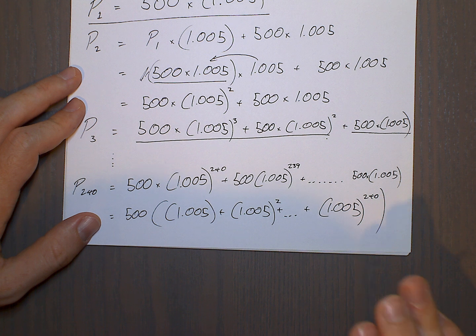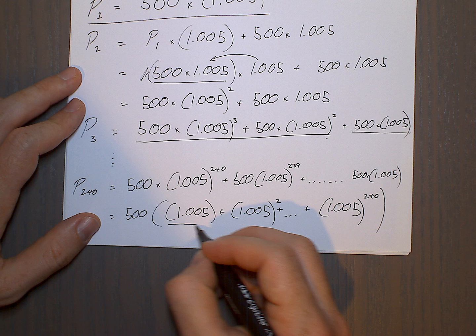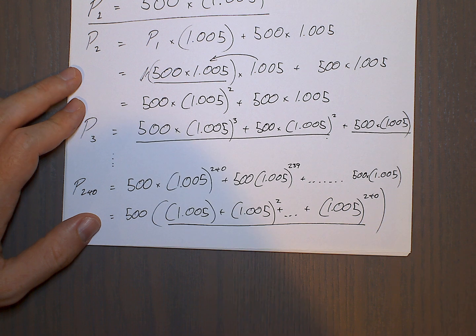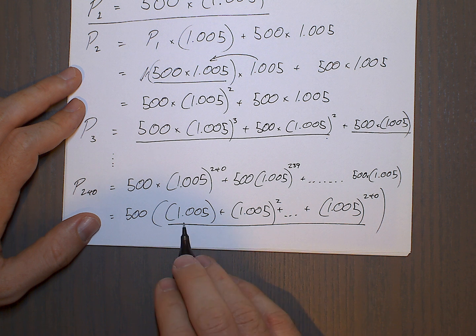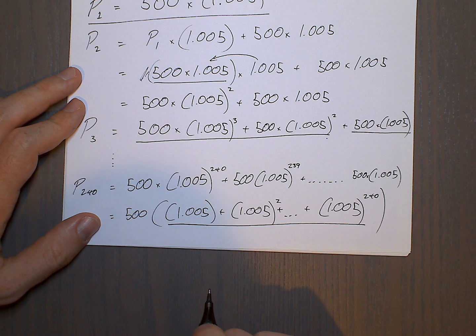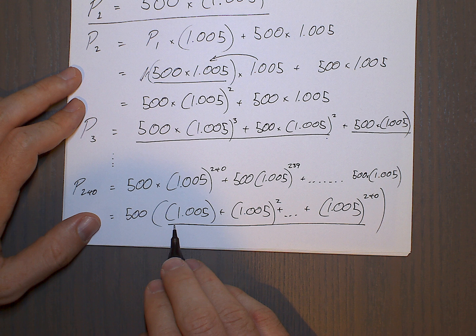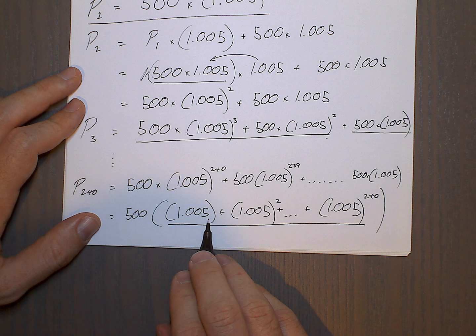Okay, where do we go from here? Well, you can probably see just here, there's a sum of a geometric series. It's going up, being multiplied by the same rate, the same common ratio of the actual rate that we have there. And our first term is going to be our actual rate.